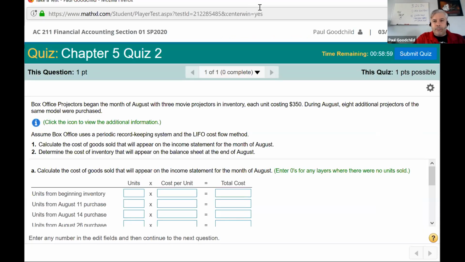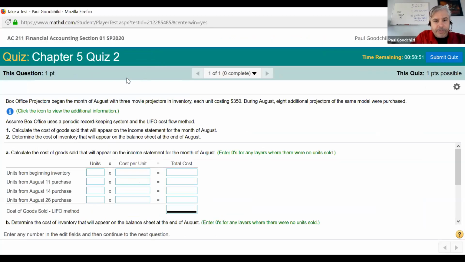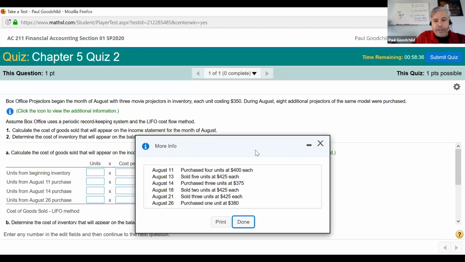Okay. All right, chapter 5, quiz 2. Open up the screen. I have to deal with a window you can't see. I'm gonna squish it up on the bottom and then slide it up top. Okay. Click on the icon for the additional information.